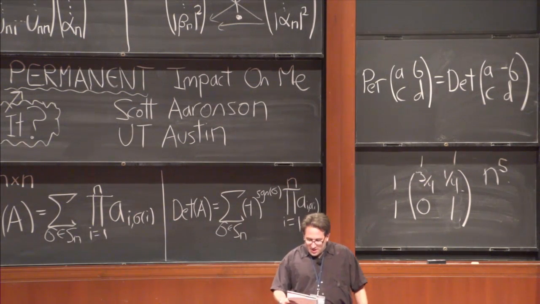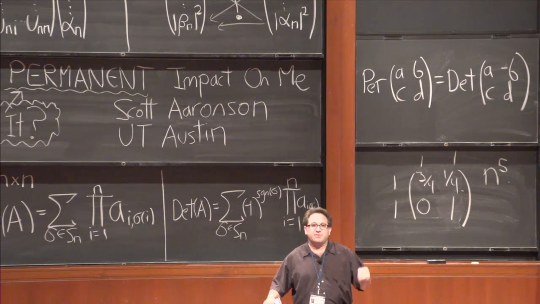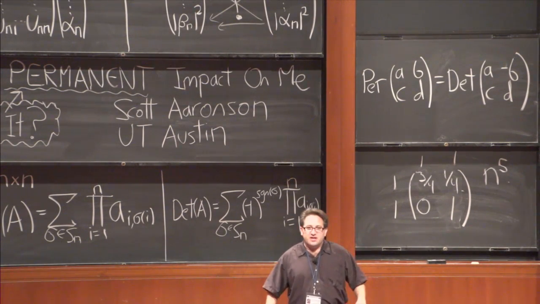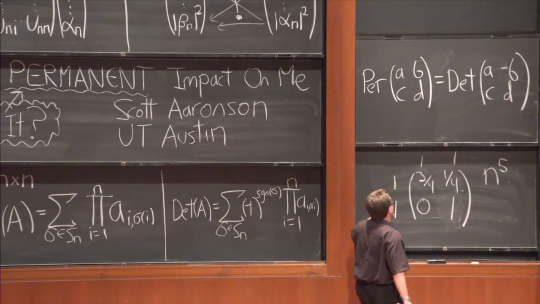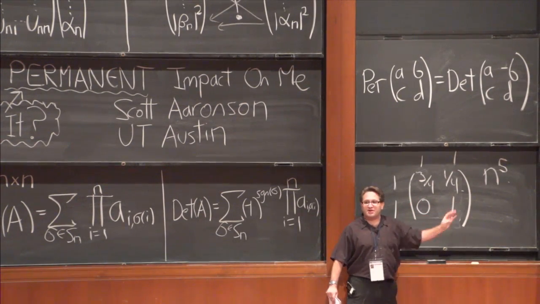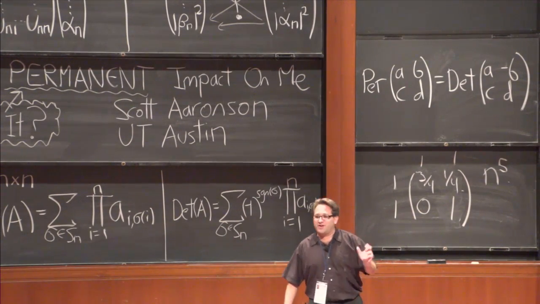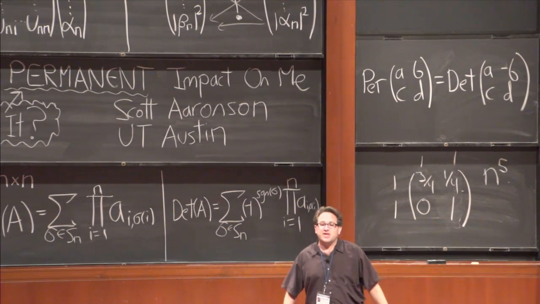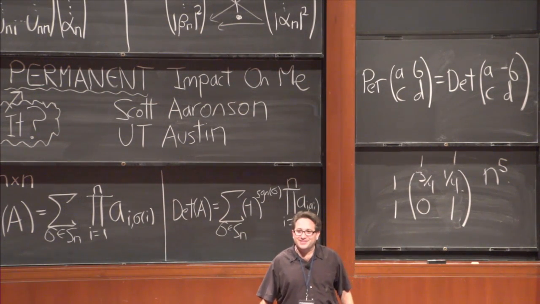Now, by using that fact and also using the arithmetic-geometric mean inequality, it is possible to prove that every time you rebalance the rows so that they all sum to 1, or you rebalance the columns so that they all sum to 1, or at least every time except for the very first time, you cannot be decreasing the permanent of this matrix.